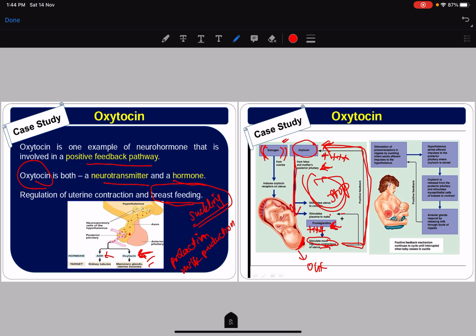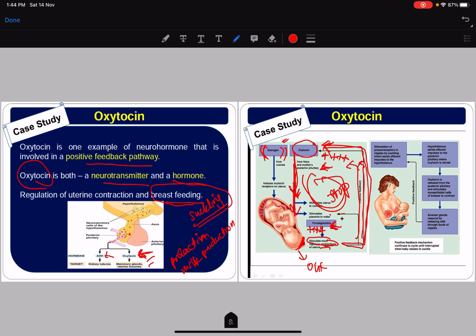So why is oxytocin called positive feedback? It amplifies, it keeps amplifying the signal, the uterine contraction signal. That's why positive feedback.